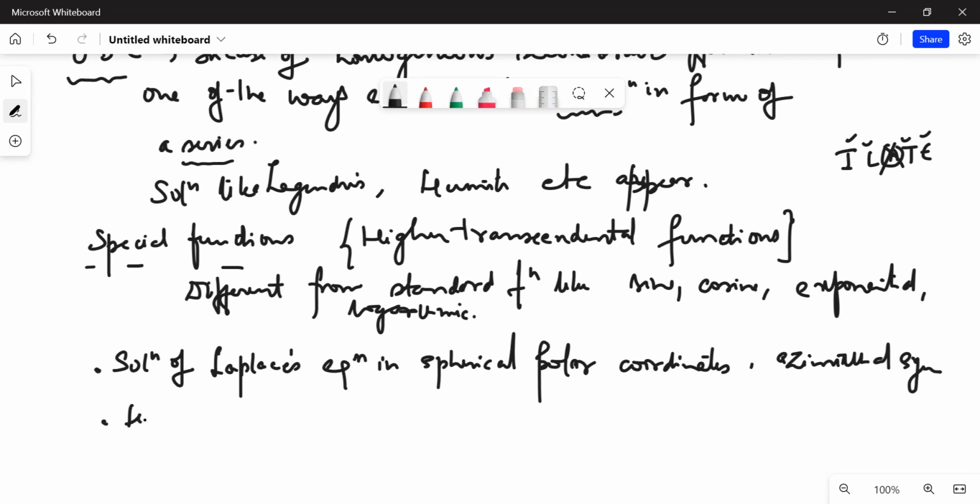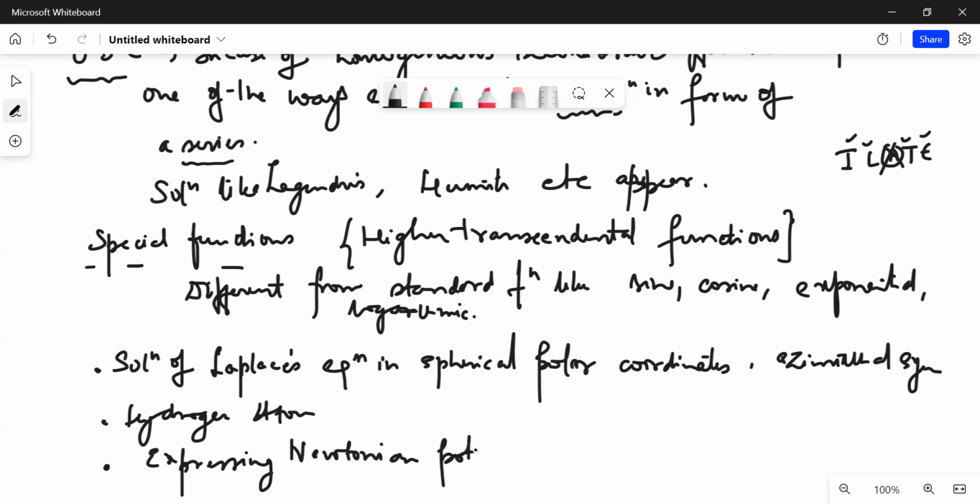Another place that we are going to see it is the hydrogen atom, as we go along in quantum mechanics. And one of the very basic places where we see it is in expressing a conservative potential, or Newtonian potential, for a conservative vector field, wherever applicable.